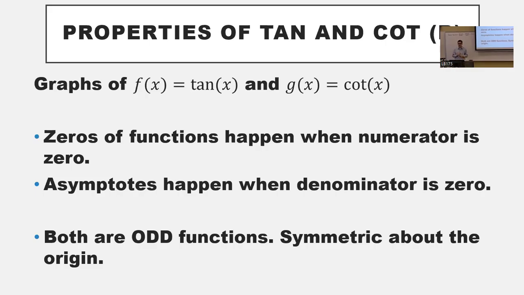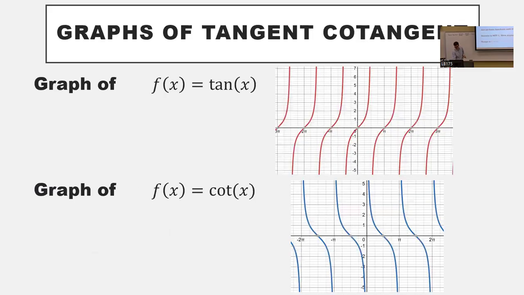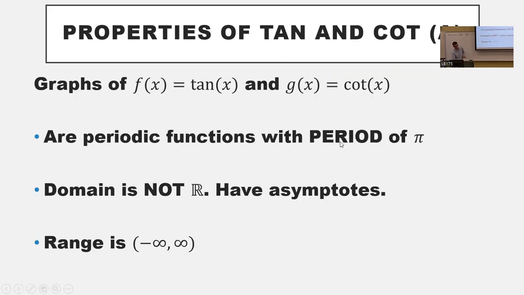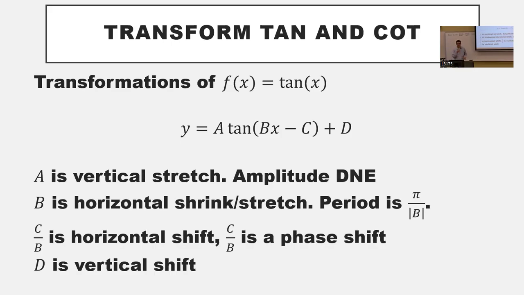Both of these functions are symmetric about the origin. Okay. And then just like with cosine and sine, we can transform either tangent or cotangent.